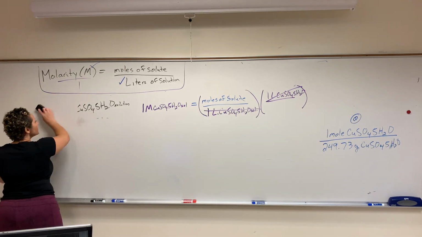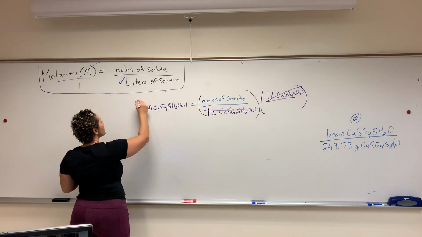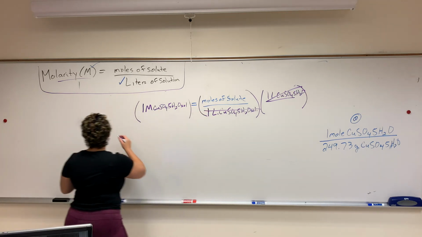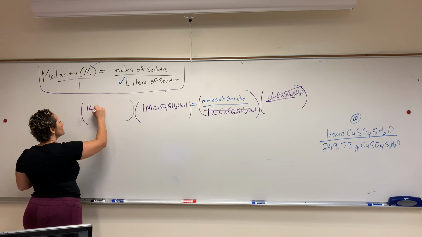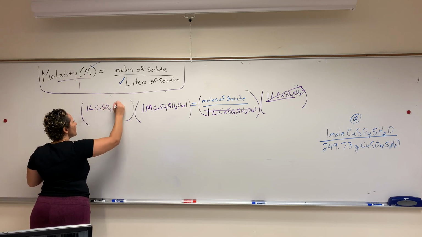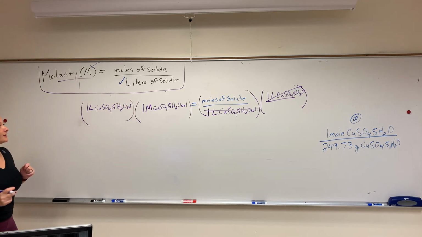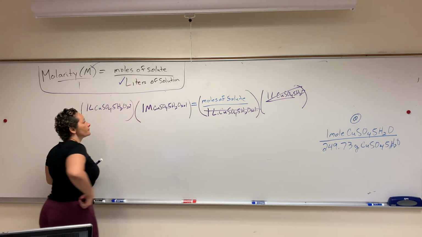I'm going to erase this so we got some room. So, times it, boom, by the 1 liter of CuSO4 5H2O solution. All right, so we got some stuff going on now. We're trying to solve for moles.